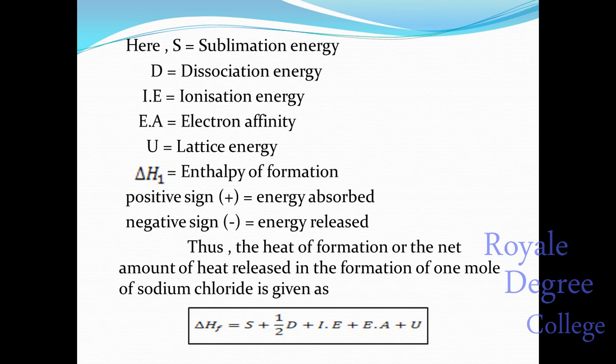Thus, the heat of formation, or the net amount of heat released in the formation of 1 mole of sodium chloride, is given as ΔHf = S + 1/2 D + IE + EA + U, where U is the lattice energy.